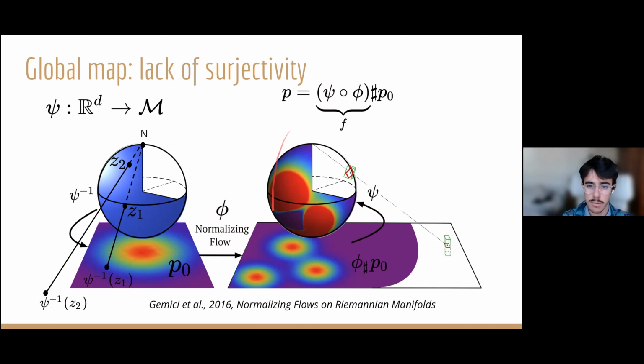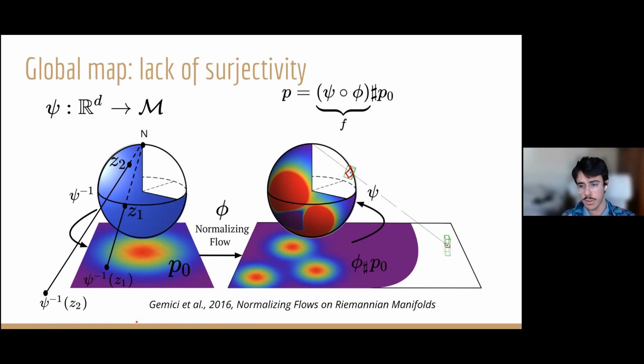And there you have a parametric distribution on the sphere. But because of the lack of surjectivity, as I've said, if you have mass close to the North Pole that you want to model, it means that in the 2D plane you need mass close to infinity. So we can feel that numerically, this is going to be challenging. And I guess also topologically, since this cannot be a diffeomorphism, you're losing the topology of your manifold in a way, right?